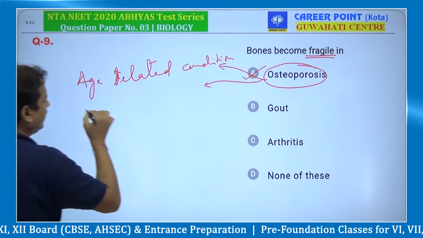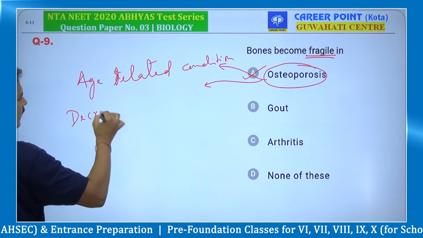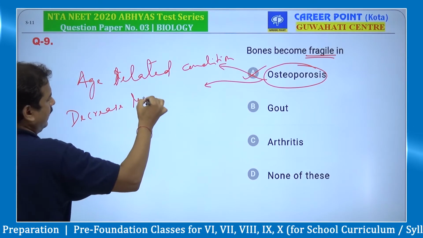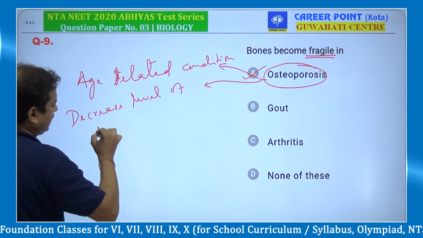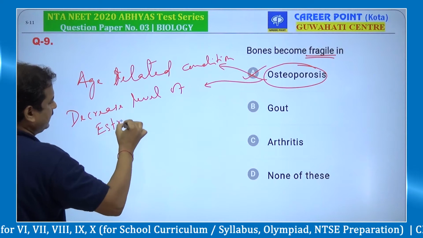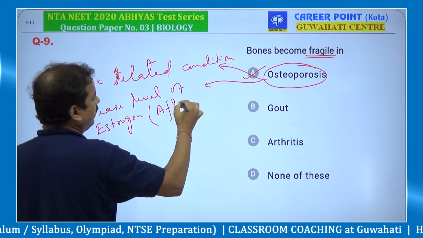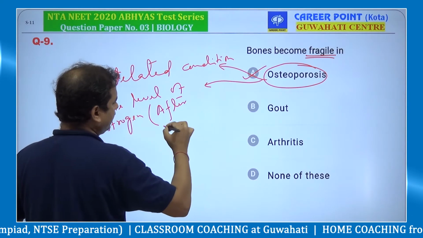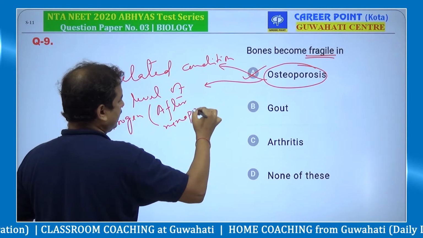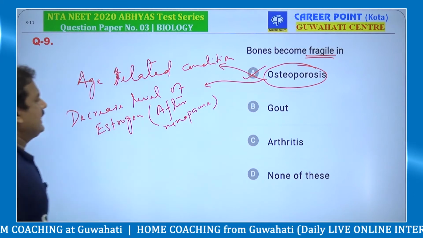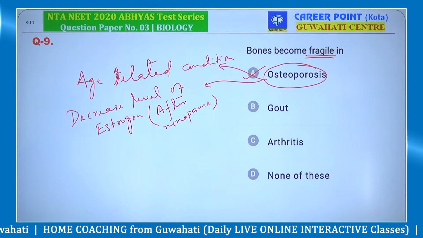Number 2, decreased level of estrogen. That means after menopause, the decreased level of estrogen occurs, which leads to osteoporosis.